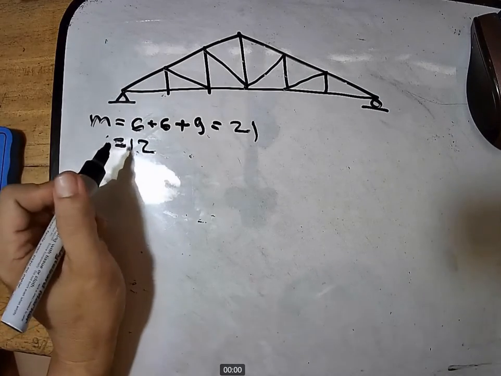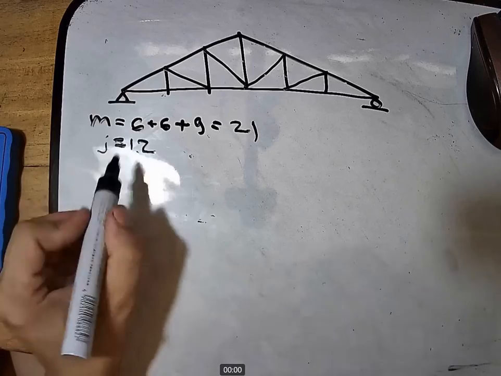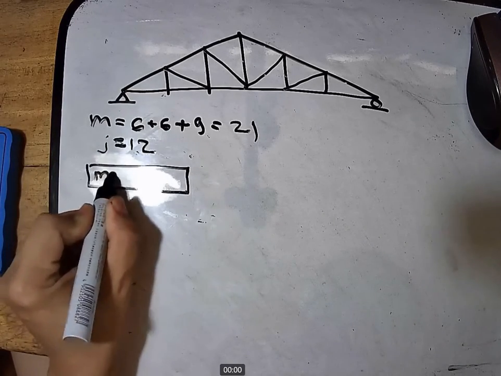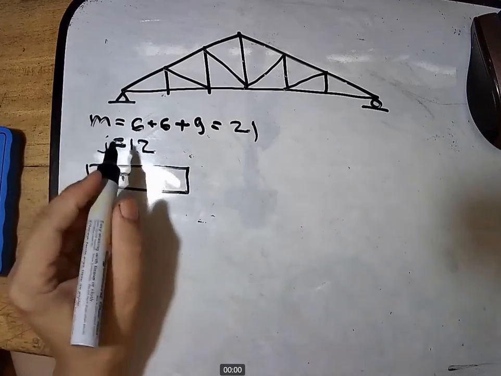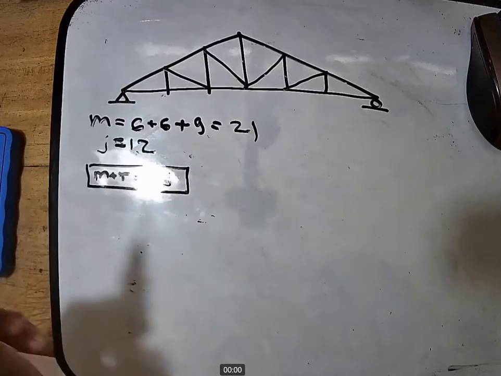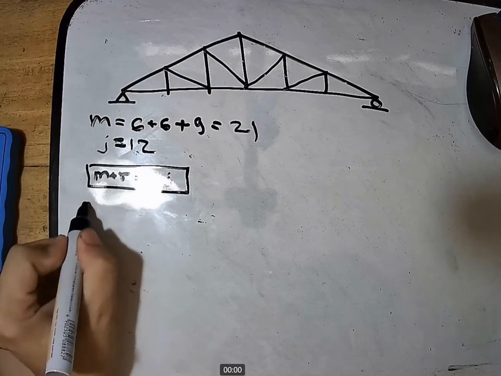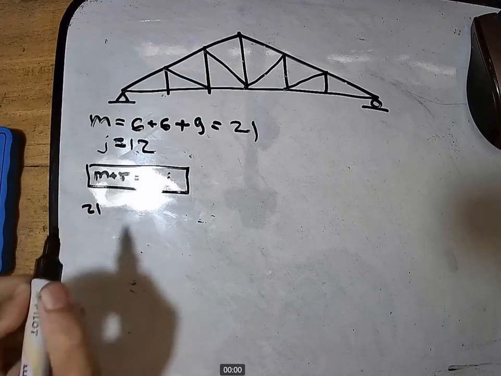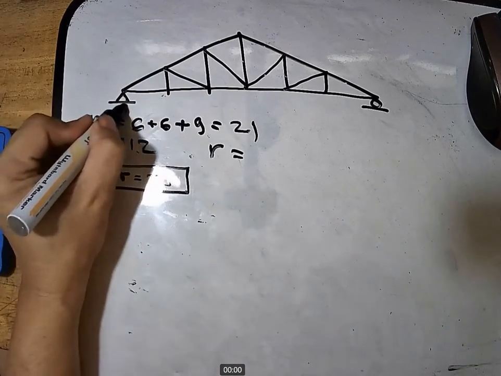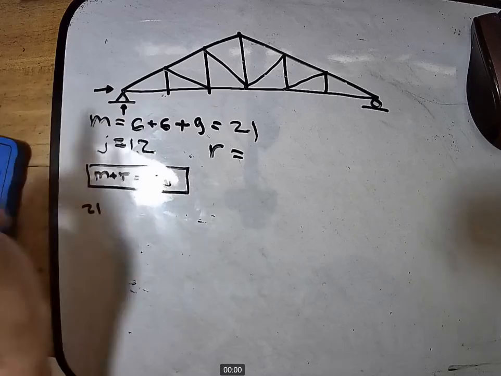Now let's look at m plus r is equal to 2j. Okay. So m is 21. How many r? Here, you have vertical, horizontal.